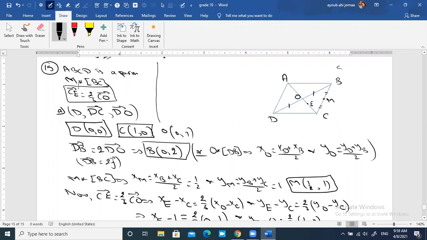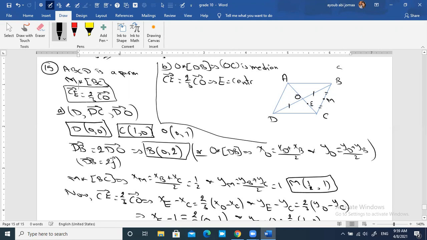Again, I'm going to write it here so the idea stays in front of us. Part B: you have O is the midpoint of DB, it means that CO is a median. Now, CE is equal to 2/3 CO. It means that E is the centroid of triangle BCD.